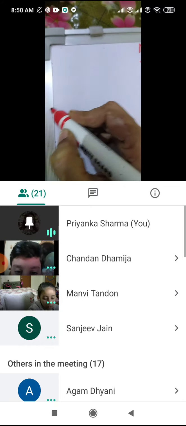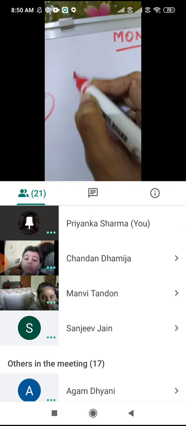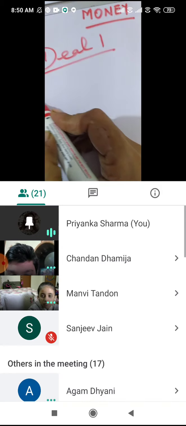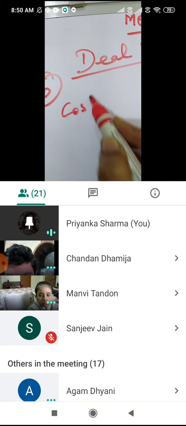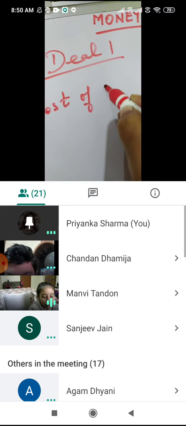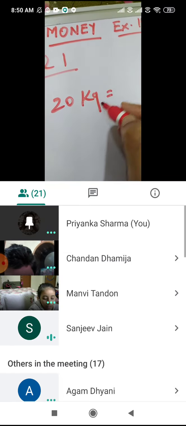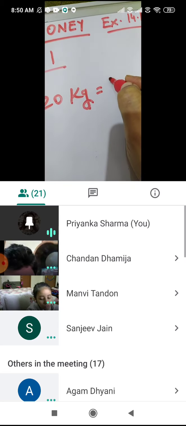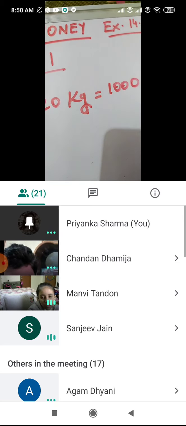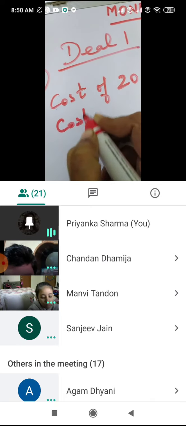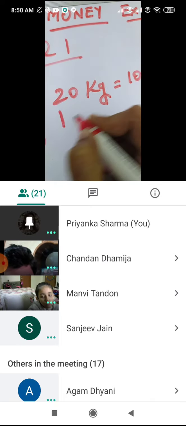Let's again find out deal 1 first. Deal 1 is saying the cost of how much rice? 20 kg rice, the cost is 1000. Then we have to find out the cost of 1 kg rice.